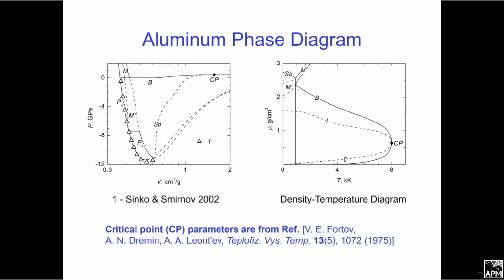Same phase diagram, but here you can see that at negative pressures there are regions which can be reached in experiments with fast expansion of material, with shock and release waves.